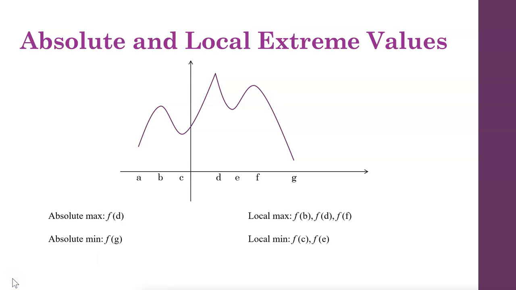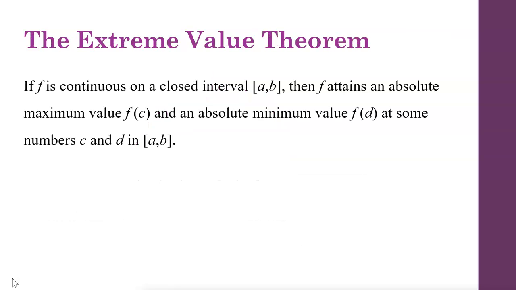The next question is, when do functions have these extreme values? So the extreme value theorem tells us that if f is continuous on a closed interval a to b, then f attains an absolute maximum value f of c and an absolute minimum value f of d at some numbers c and d inside of that interval.